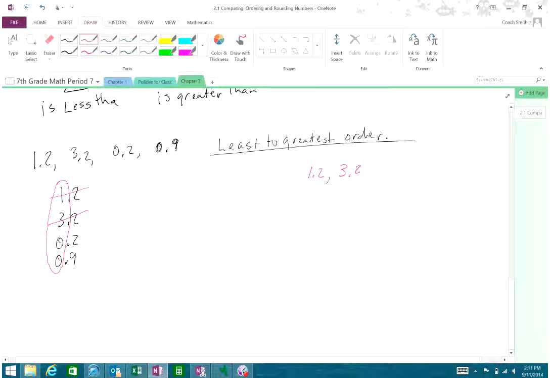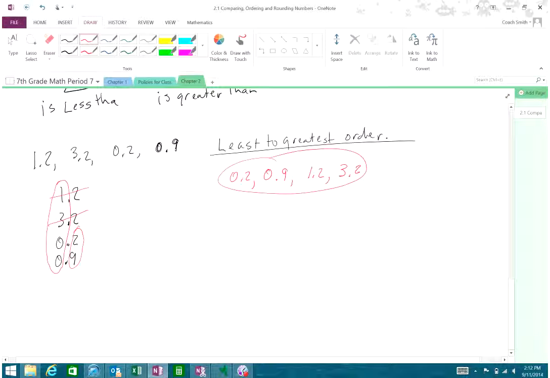Those two numbers are gone. So now I just look at these two numbers. Which is larger, 2 or 9? 9. So 0.9 is next. 0.2 is last. So 0.2 is the smallest or the least. 3.2 is the largest or the greatest.